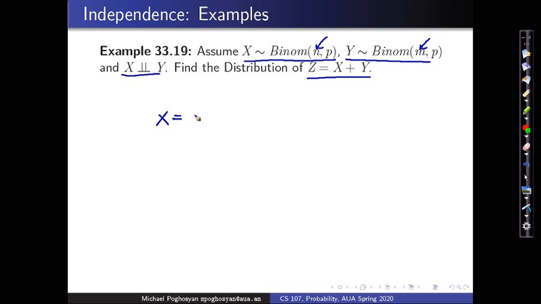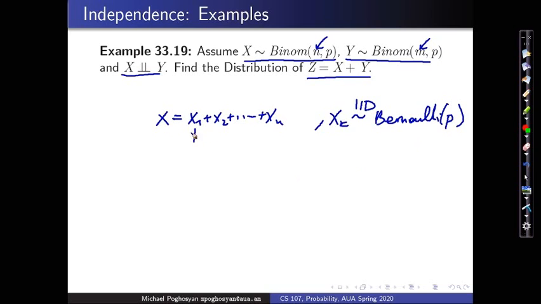X is decomposed into X1, X2, up to Xn, where the Xk's are IID Bernoulli p random variables. So X1 is showing whether I had success in the first trial, in the second trial, in the n-th trial. If I am adding, I am calculating the number of successes in n trials. The trials are independent, so I have IID random variables.